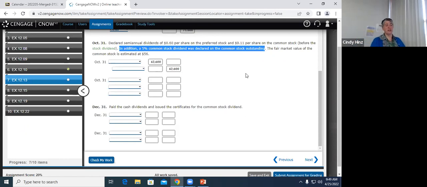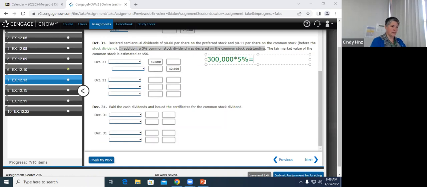That, in addition to the 11-cent cash dividend, we also declared a stock dividend of 5%. It's a small stock dividend. So there were 300,000 shares outstanding. We declared a 5% stock dividend. And that would be 15,000 additional shares to be distributed.